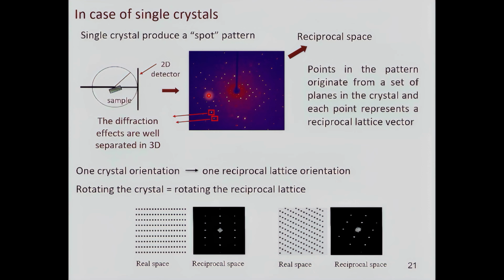And this is important because you don't make any errors when you measure the intensity of these spots, because they are accessible in 3D. This is because we have only one direction in the case of a single crystal.